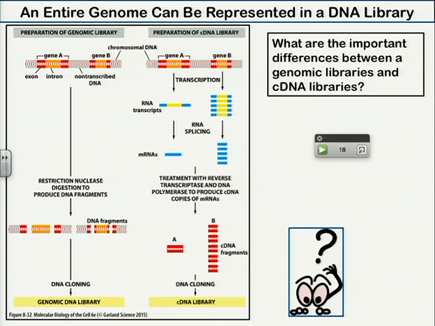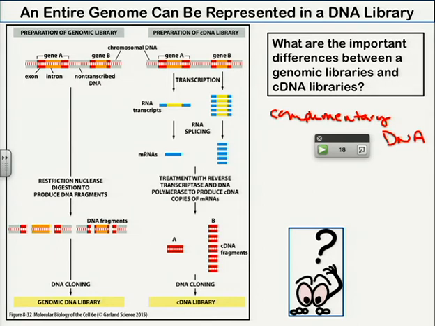Or what many people do instead is they just make what's called a cDNA library. The C here stands for complementary, not DNA that you can see. Complementary DNA library, which means you take the messenger RNAs in a cell.